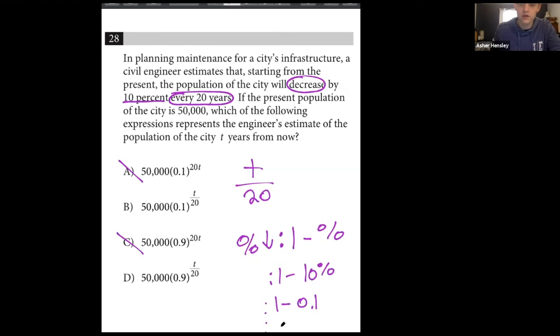So that's going to give us 0.9. So the only one, this is 0.1 here, this is 0.9, has to be D because it's 1 minus our percent. And we decrease by that amount, so we're subtracting. If that makes sense, let me get an S in the chat. If you're still confused, let me get a C, and then we can talk through it, or you can wait after class and we can go through it again.